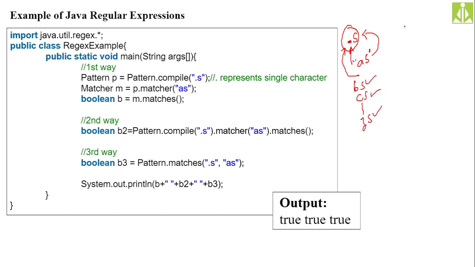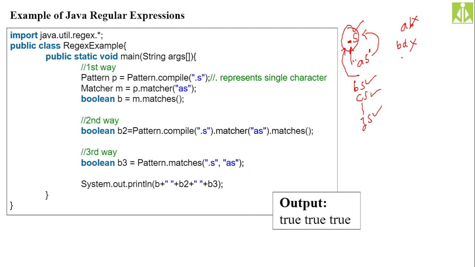So if I take something like this, AB, is it satisfying this regular expression? No. Of course it is also 2 characters in length, but the second character over here is B, and according to the regular expression the second character must be S. So it is not satisfying. Same thing with BD, this string is also not satisfying.